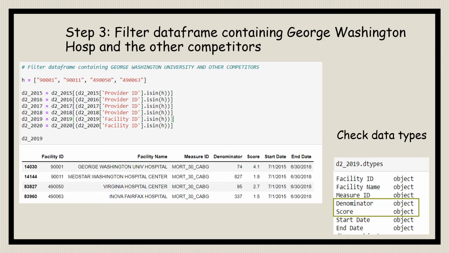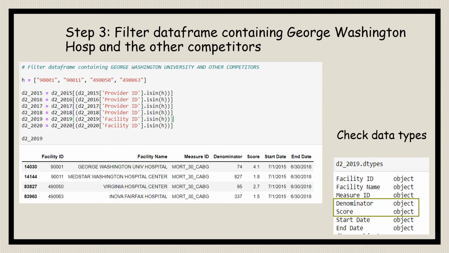Now we move to filtering the dataset to include only the 4 hospitals, namely George Washington and its competitors, MedStar Washington, Virginia, and Inova Fairfax hospitals. I have included the code for all 6 time periods, and once that's done, we need to check the data types of all the data frames.